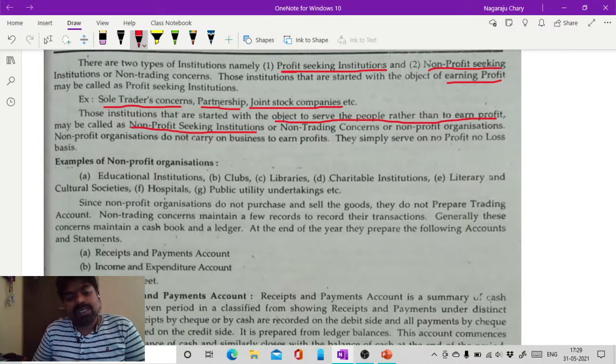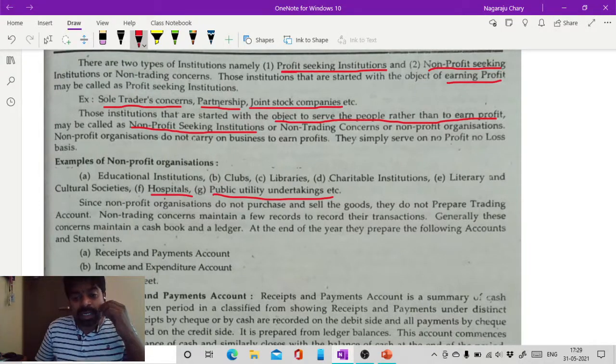This category comes under education institutions, clubs, libraries, charitable institutions, literary and cultural societies, hospitals, and public utility undertakings. These institutions are known as non-profit organizations.